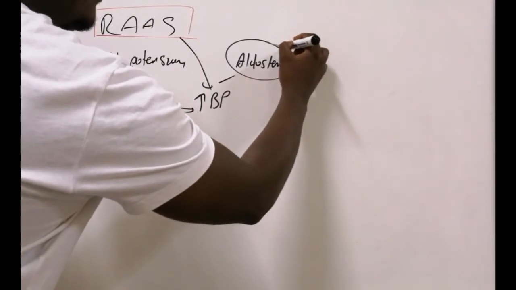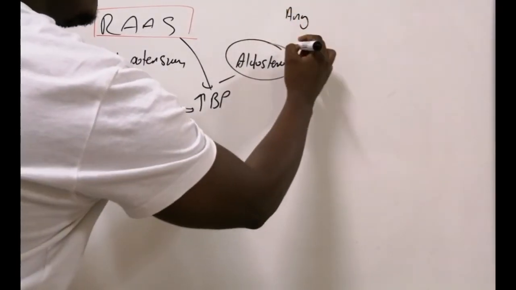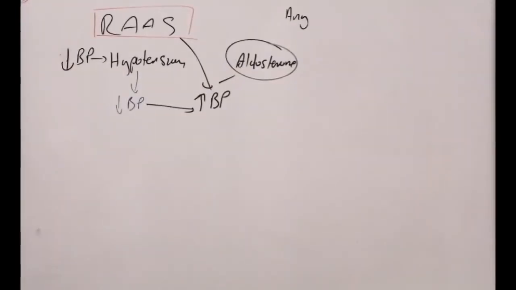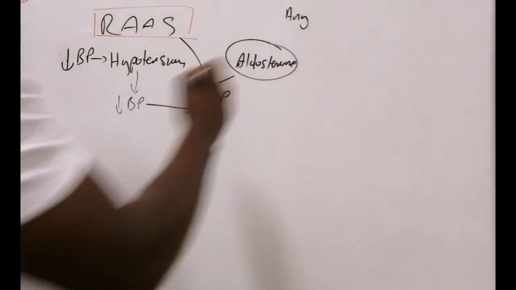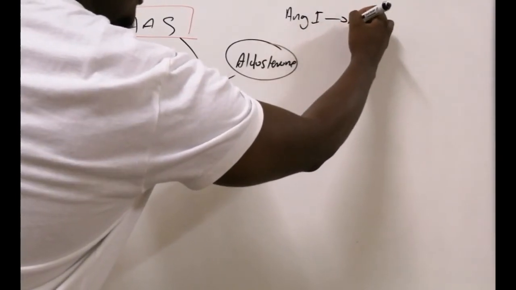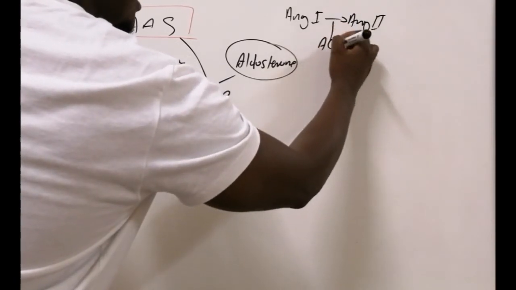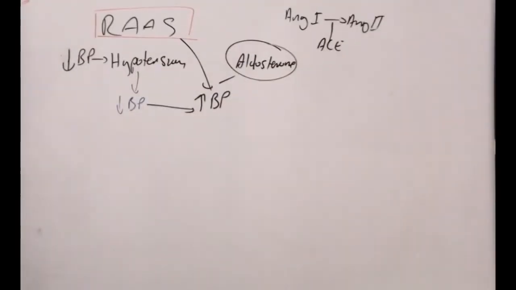For us to move from angiotensin 1 to angiotensin 2, we need the ACE enzyme.